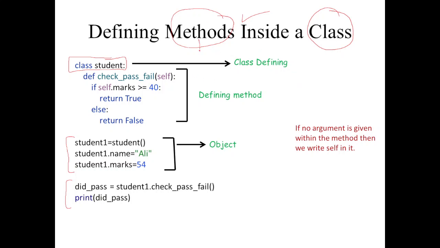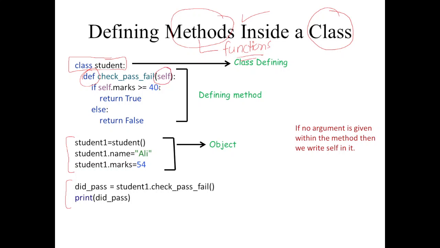Let me review that methods are indeed the functions. So here we will use a method on the basis of which we will check whether the student is pass or fail. So we will use the function with same keyword like def, and we will check pass fail, and we will use self inside the bracket.